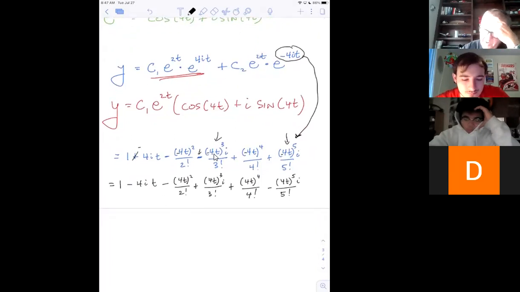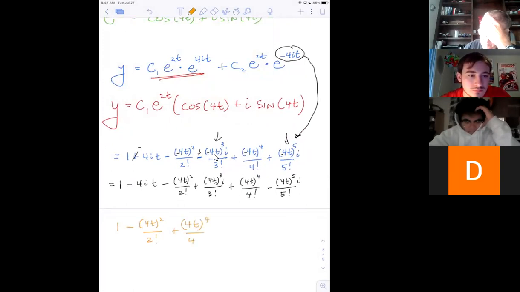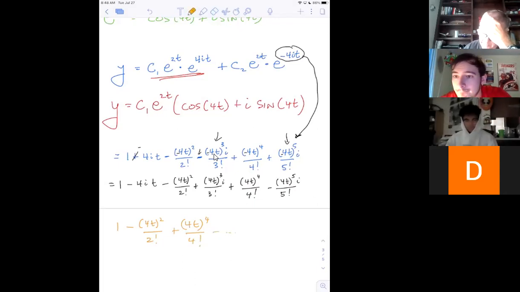So again, I'm looking at my non-I terms. I have 1 minus 4t squared over 2 factorial plus 4t to the 4th over 4 factorial, and so on and so forth. I think that next term would be negative based on our pattern, so I think I'll write a minus there instead.